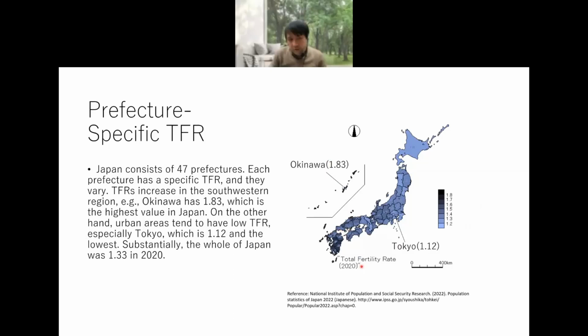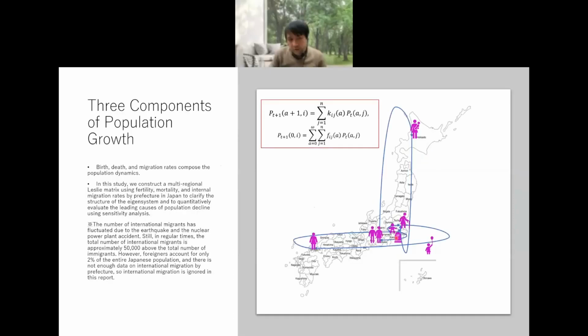On the other hand, urban areas tend to have low total fertility rates, especially Tokyo, which is 1.11 and the lowest. The whole of Japan was 1.33 in 2020. This trend has remained almost unchanged over the past 40 years.